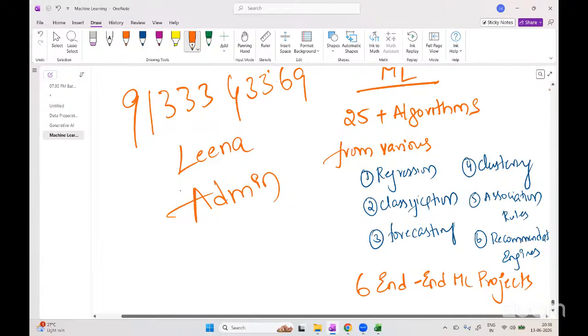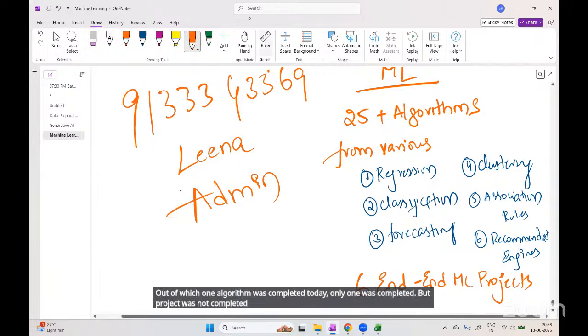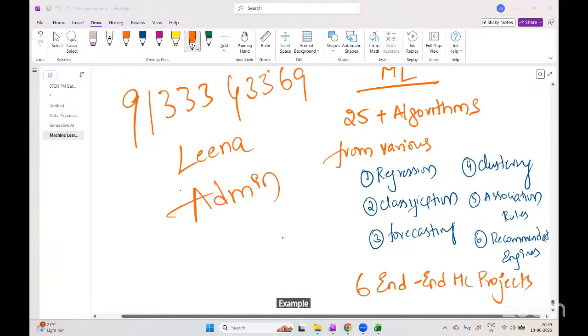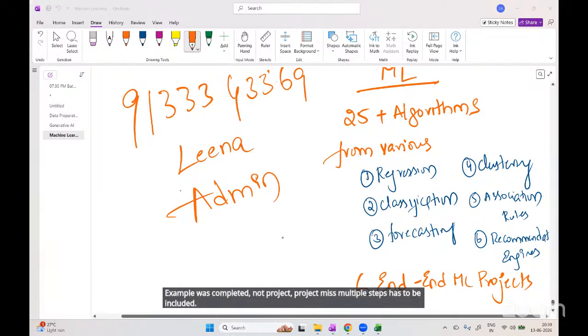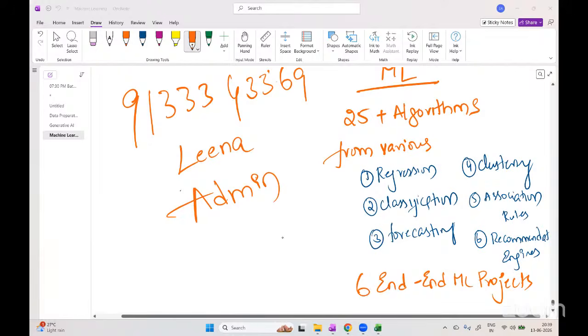Out of which one algorithm was completed today, only one was completed, but the project was not completed. Only the example was completed. The project we are going to do in the next class. Example was completed, not project. Project means multiple steps have to be included. Done, everyone.